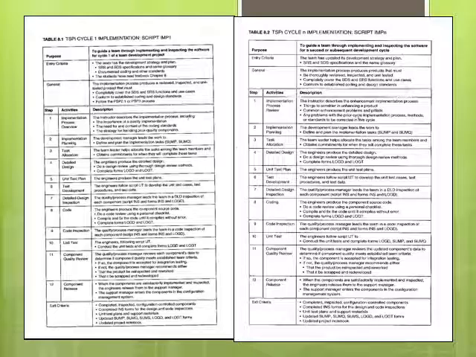These are the template scripts for implementation, for IMP1 and IMPN. As you see, there's a purpose, entry criteria, and general steps, all 12 steps, each consisting of an activity. The first activity is the implementation process overview, then implementation planning, task allocation.